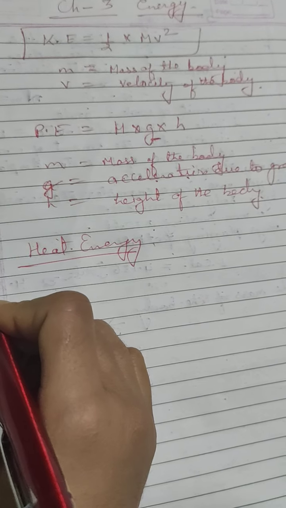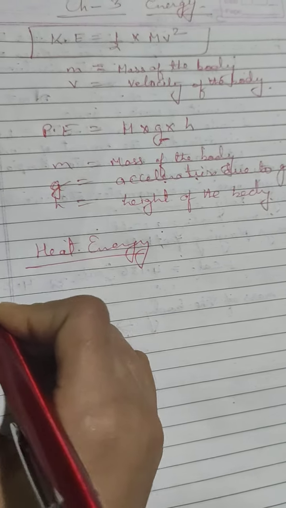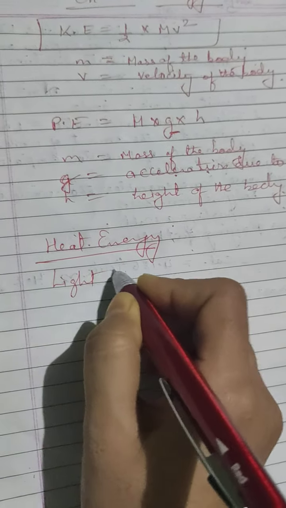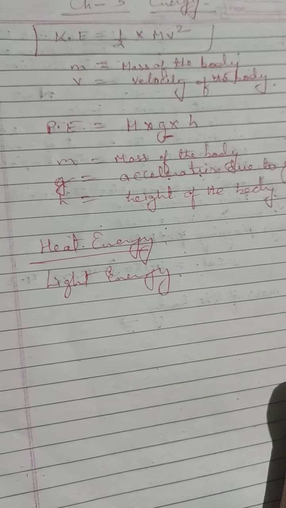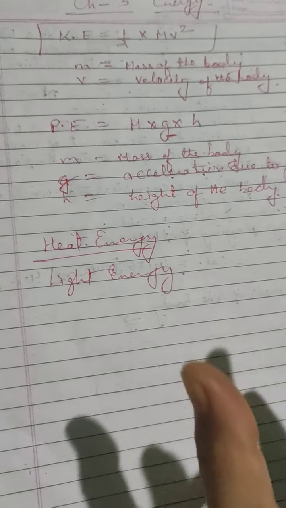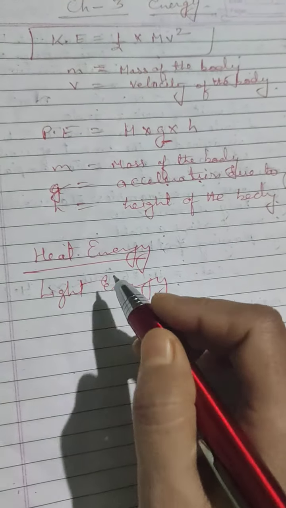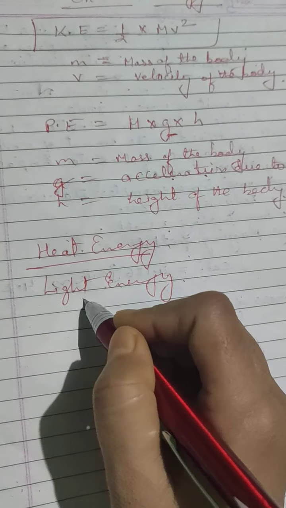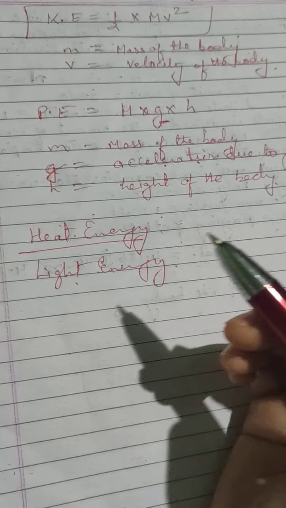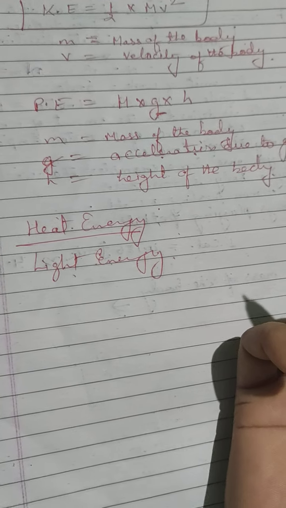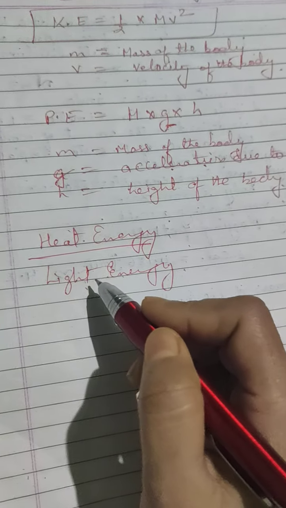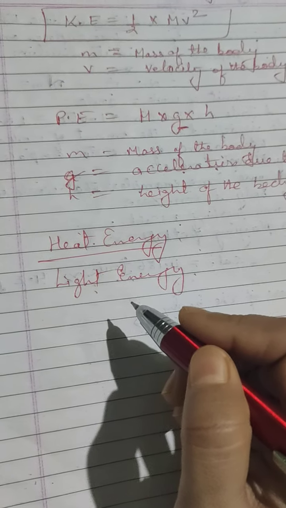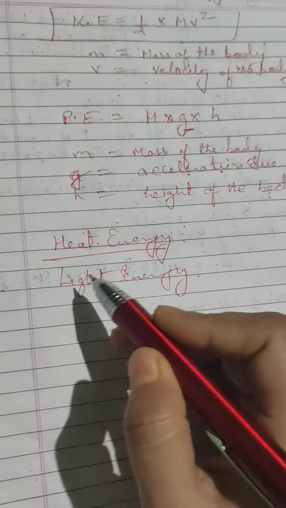Second energy type in action is light energy. You know light energy? Light is also a form of energy which makes things visible. The sun is the main source of light available to us. Some other sources of light are candle, tube light, bulbs, etc. The light from the sun is also utilized by green plants to prepare their own food by the process of photosynthesis.